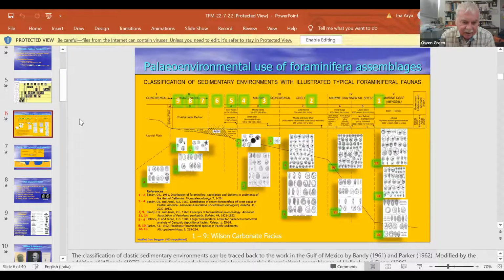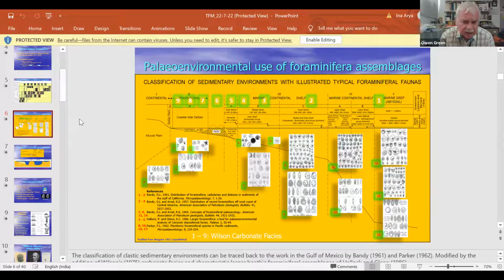And the little illustrations of the particular foraminifera are showing us going from shallow water on the left-hand side to deeper water on the right-hand side.